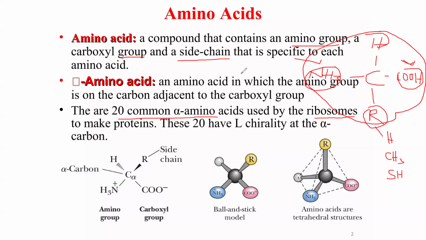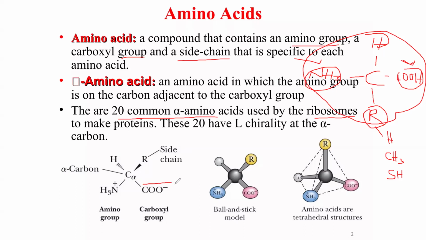One very important thing that we should understand, even from our basic chemistry, is what we call stereoisomerism. Stereoisomerism is a kind of isomerism in which you have an alpha carbon. And what is an alpha carbon? An alpha carbon is a carbon that has 4 different groups attached to it. Like for example, look at this alpha carbon.